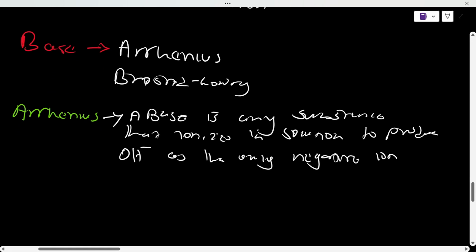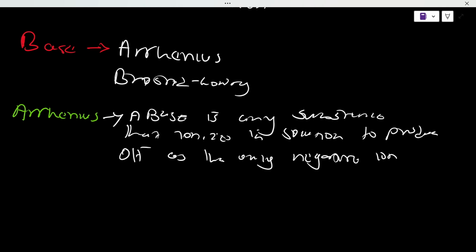It is any substance that ionizes in solution to give us hydroxyl ions.